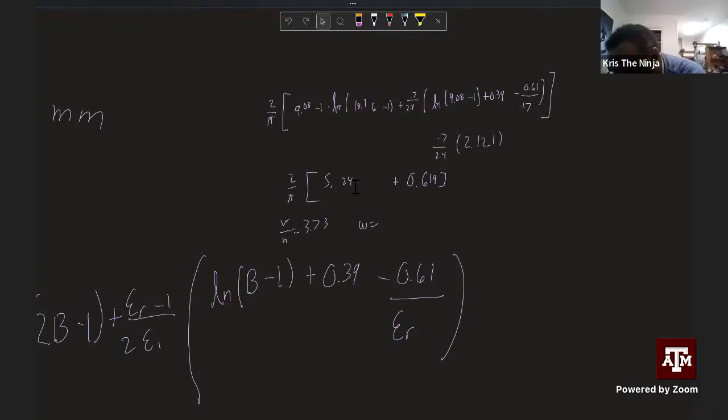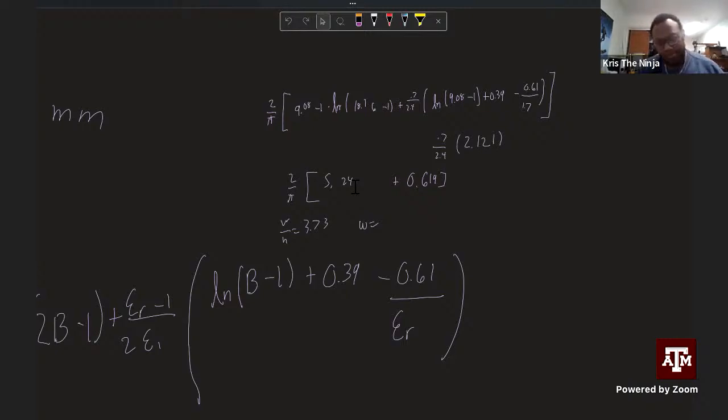So you multiply that whole thing by 0.0031 and you get W equals 11.6 millimeters.